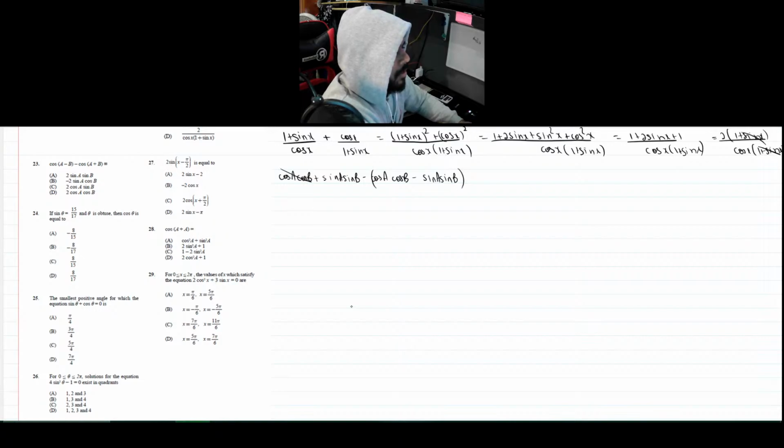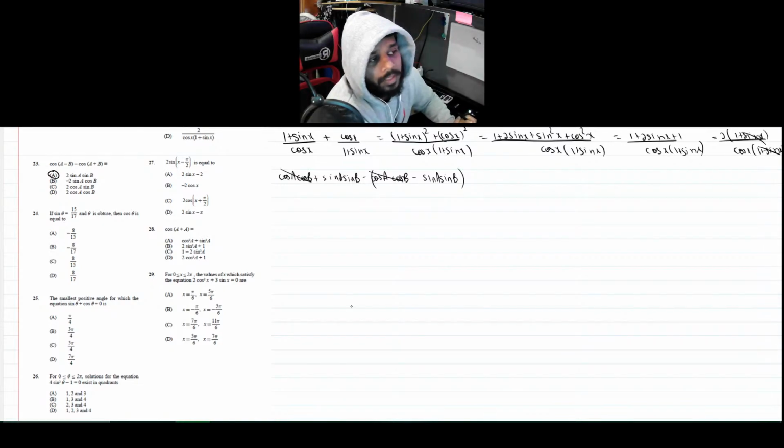So cos A cos B will cancel out, and sin A sin B plus sin A sin B is 2 sin A sin B. Again, you can assign a value for A and a value for B, and check and see which one it's equal to. No problem in that at all.